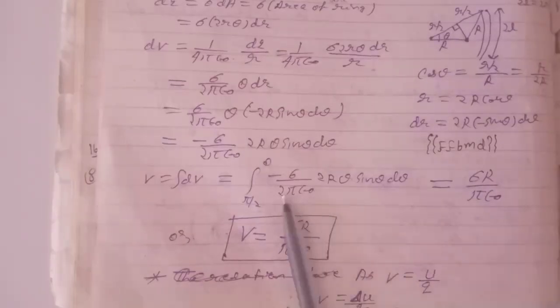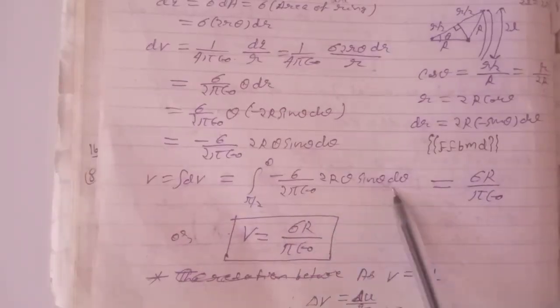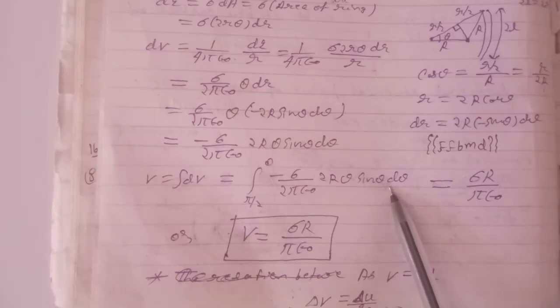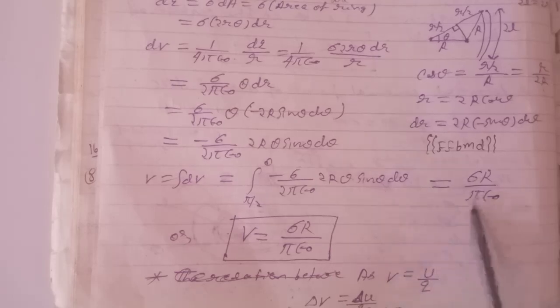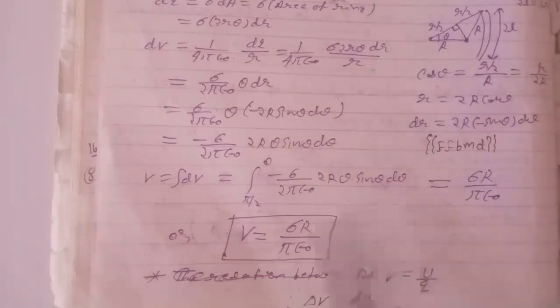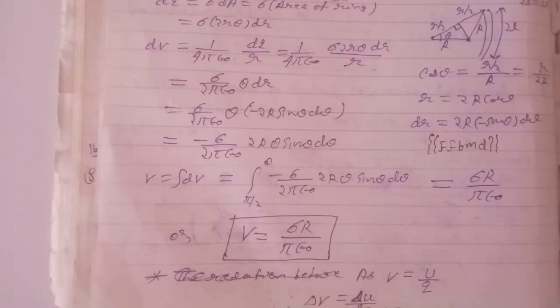Or solving it, minus sigma by 2 pi 2r theta sin theta d theta, we get sigma r by pi epsilon naught, hence V equals sigma r by pi epsilon naught.